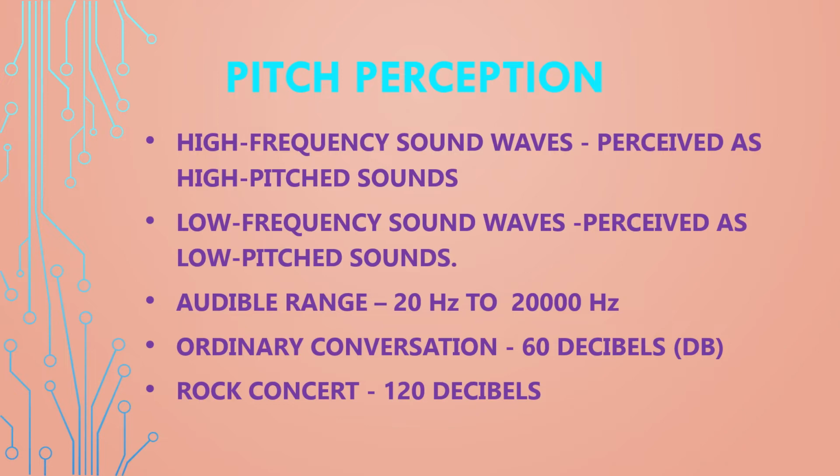So these are examples of different levels of sound loudness in daily life. The lowest of the human hearing range is approximately equal to a whisper at a distance of 5 feet. So frequency is perceived by human beings as pitch.